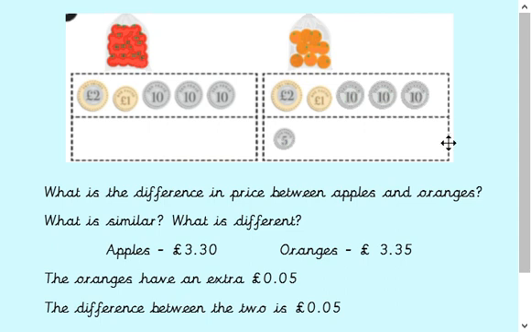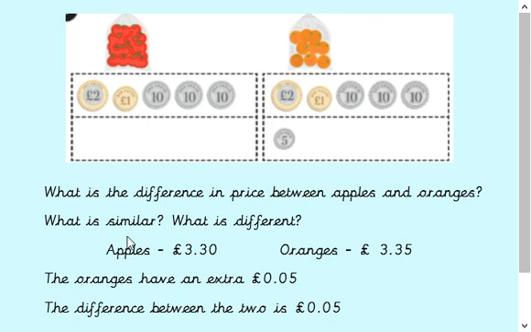Okay, in terms of being similar, we can see that both bags of fruit have a £2 coin and both bags of fruit have £1. Both bags of fruit have 3 lots of 10. So we're looking very similar so far. It's just the bag of oranges has 1 extra coin, a 5 pence coin.